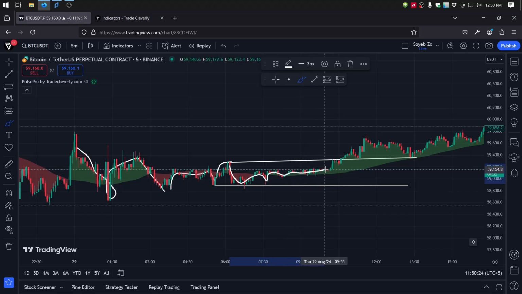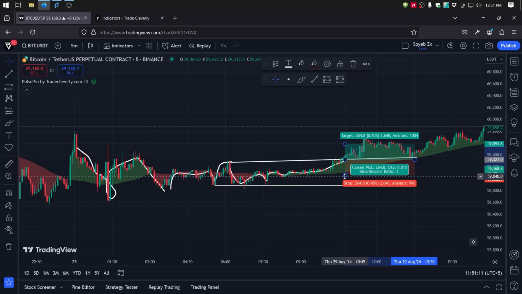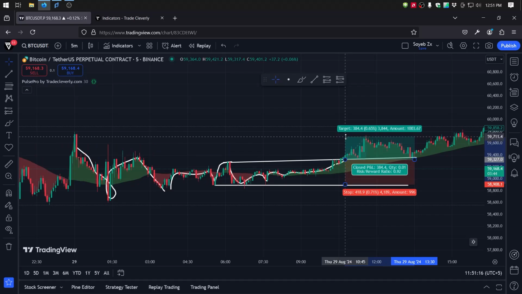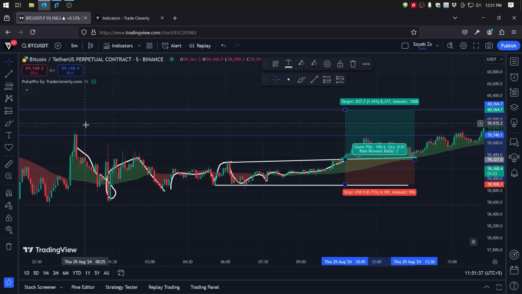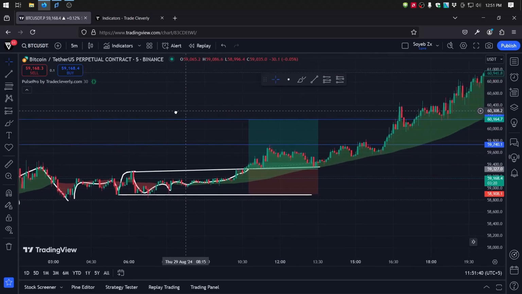And after that in here you can see the price is successfully crossing up and breaking our recent swing high, so we can take a buy position here, because you can see we also get a green bullish signal from the Pulse Pro indicator, so we take a buy position here, and our stop loss will be below the recent swing low, and our first profit target will be 1 times the stop loss, and our second profit target will be 2 times the stop loss. So let's see what happens next.